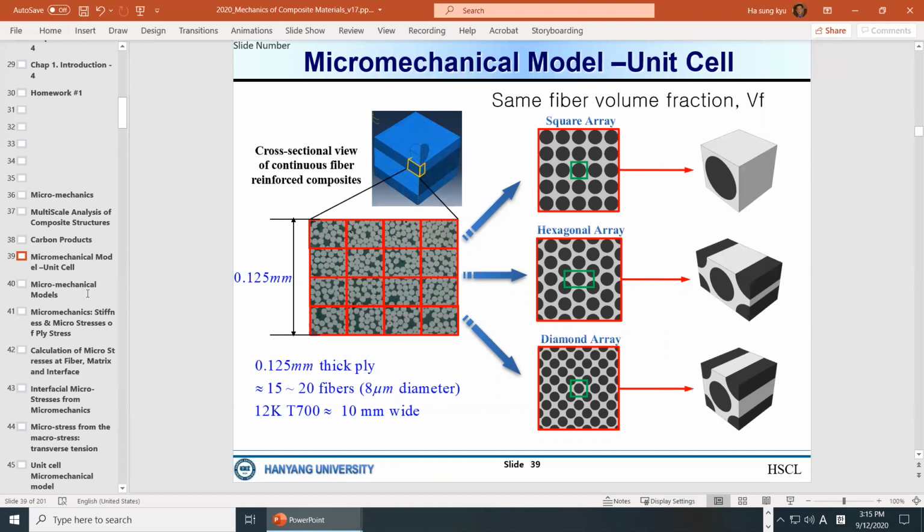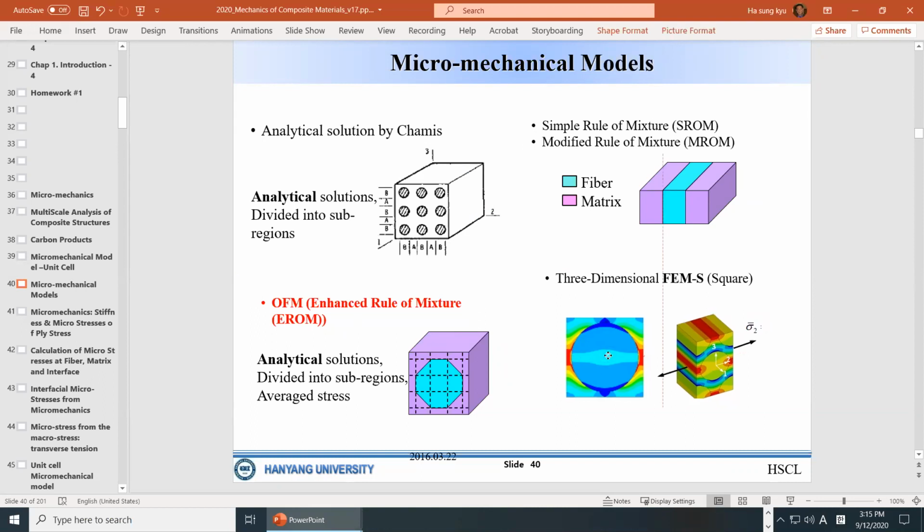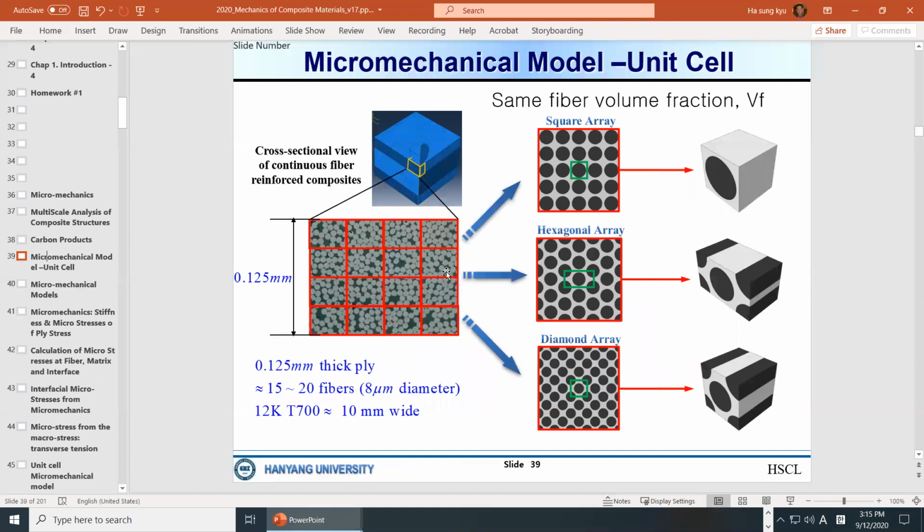So there are many different ways of calculating interactions between the fiber and resin. There are solutions called analytical solutions derived by Chamis. And another one is where we just use the finite element assumption, either scale is this one.